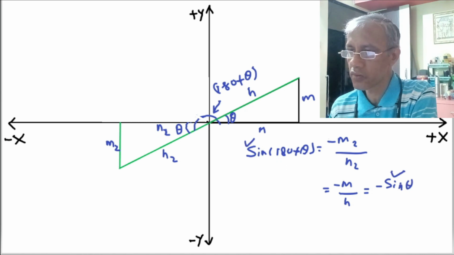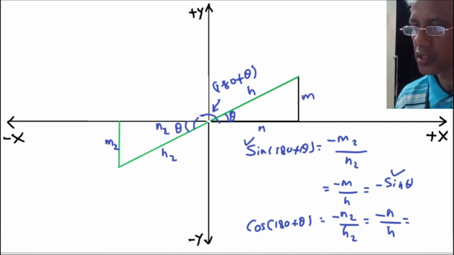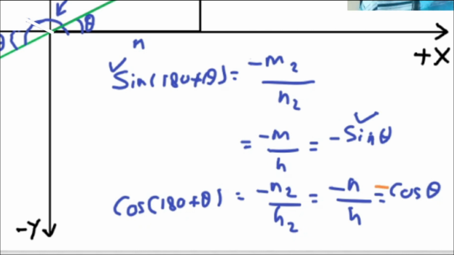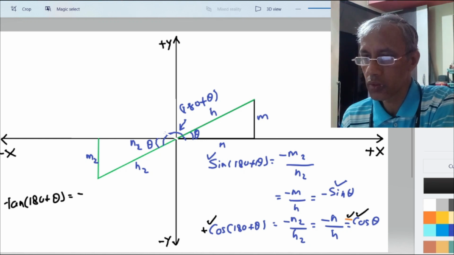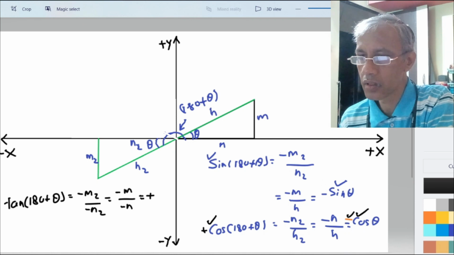And about the cosine of 180 plus theta, that is equal to negative of n by h, the cosine function of angle theta, of course with the negative sign. Tan of 180 plus theta will be equal to minus m2 by the base minus n2, that is equal to minus m by the base minus n, that is the positive of tan theta.